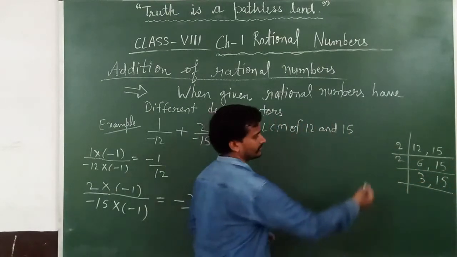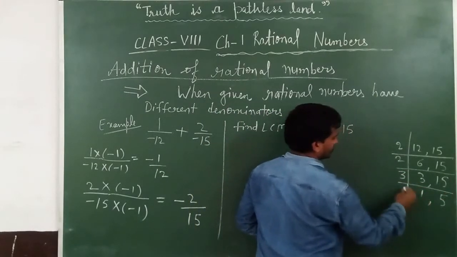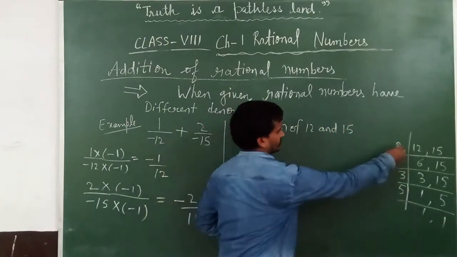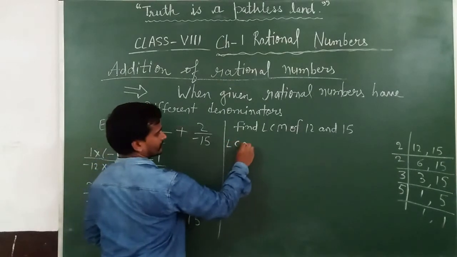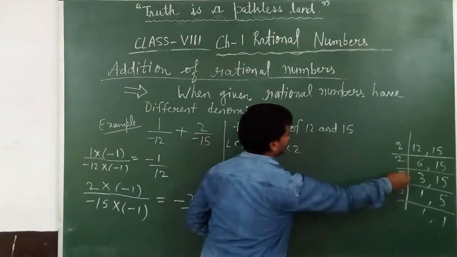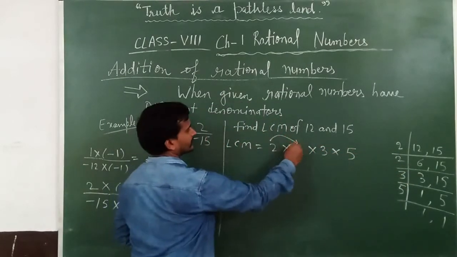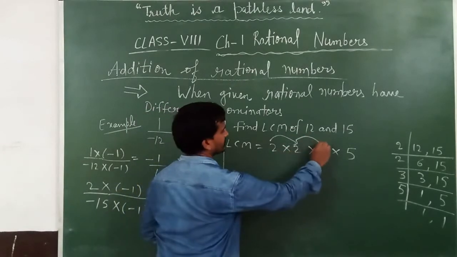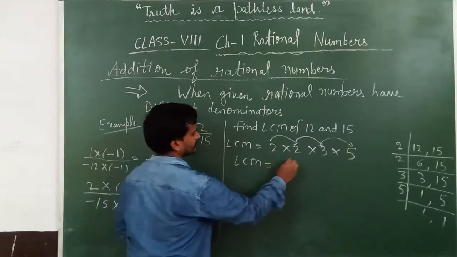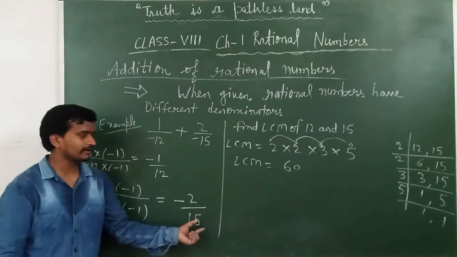Next prime is 3, giving 1 and 5. And finally by 5. LCM equals 2 multiplied by 2 multiplied by 3 multiplied by 5. 2 times 2 is 4, 4 times 3 is 12, 12 times 5 is 60. LCM is 60.